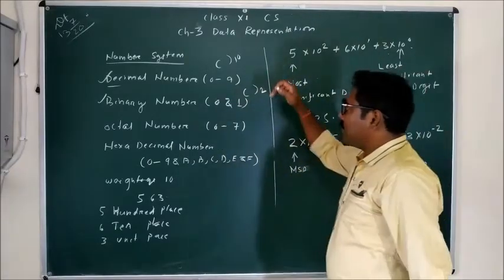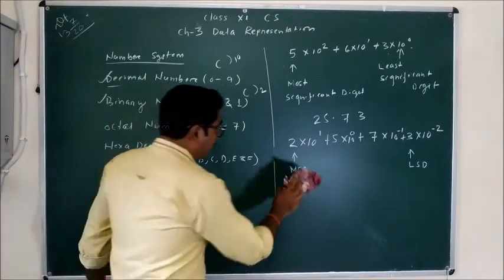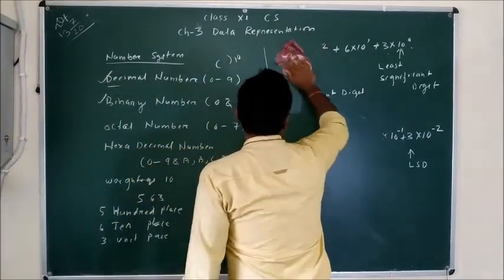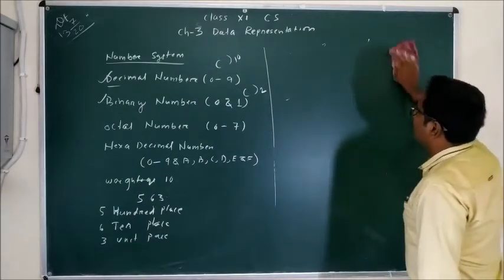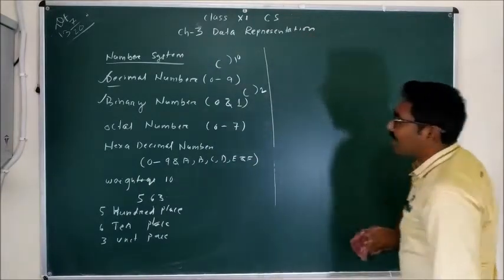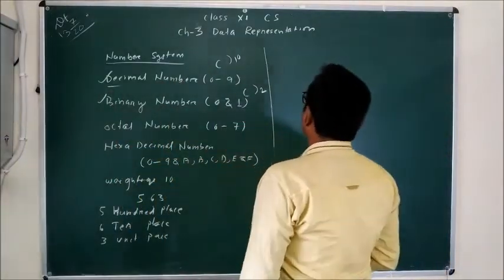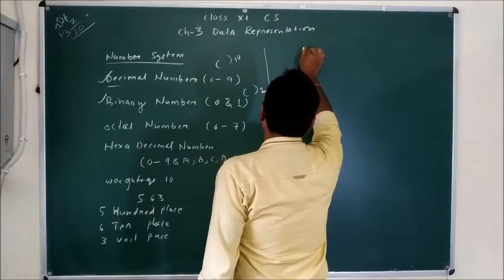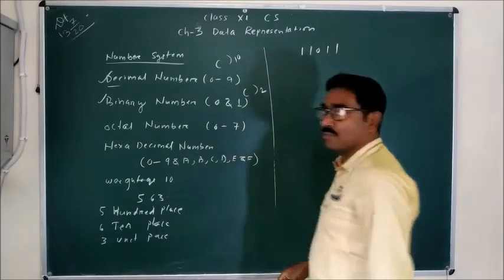Now the weightage of a binary number is 2. Like here the weightage is 5, the weightage is 10 in case of a decimal number. Likewise, in case of a binary number, the weightage is 2. Suppose the binary number is 11011.